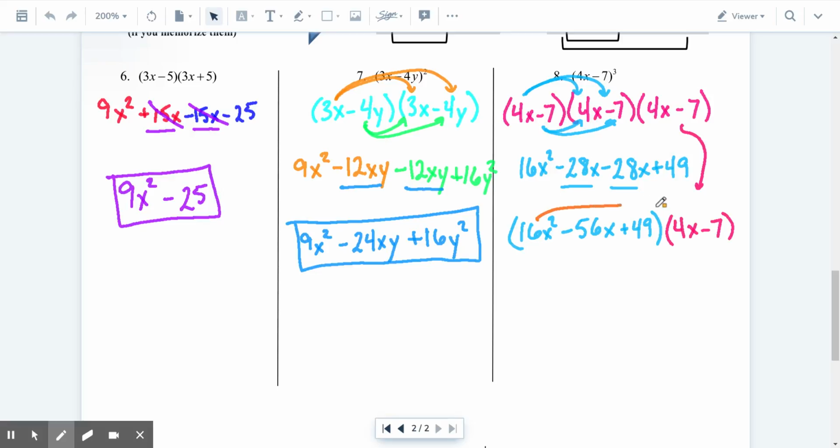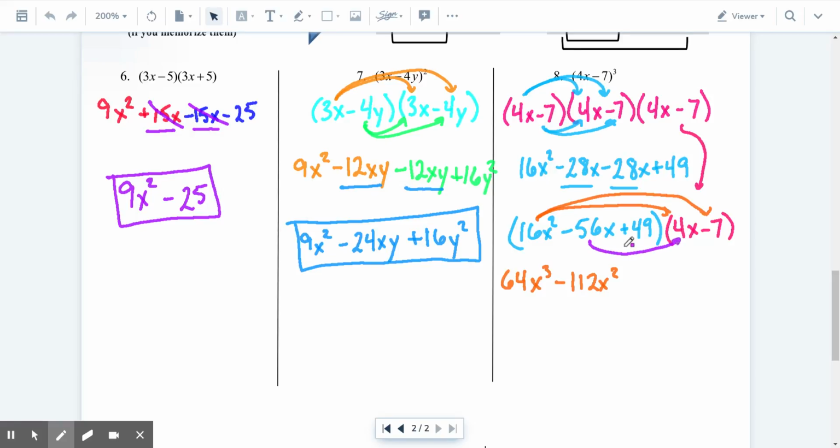We need to take 16x squared times 4x. That's 64x to the third. X squared times x to the first, remember, add those exponents. 16 times a negative 7 is negative 112x squared. In the middle here, we need to take this negative 56 times those terms.